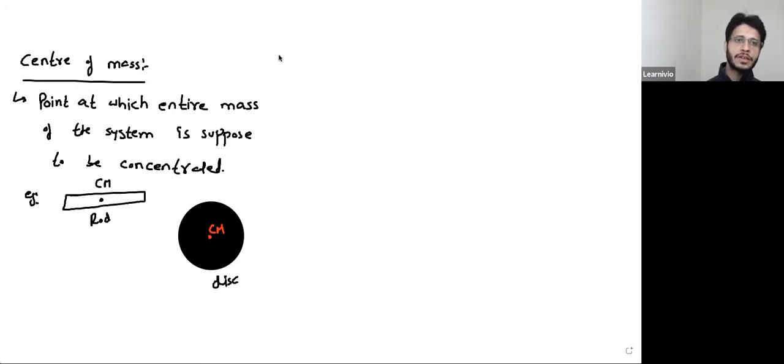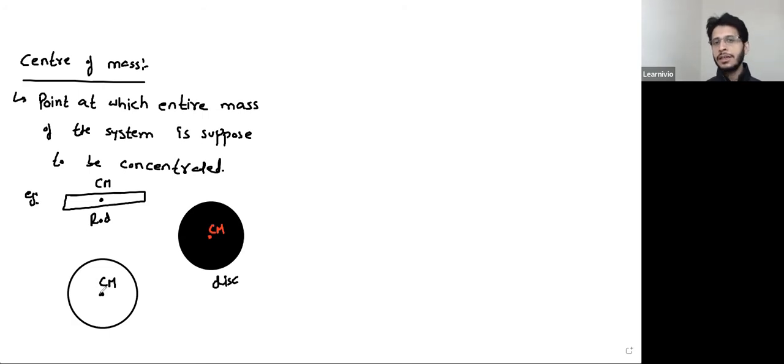But instead of a disc, if I take a ring, say in the rod, at the center there is some mass. You can say that the center of mass lies within that mass distribution. In the case of the disc, at this point you have certain mass. You can say that the center of mass lies within the mass distribution of the disc. But if I take a ring, the center of mass of the ring is at the center of the ring.